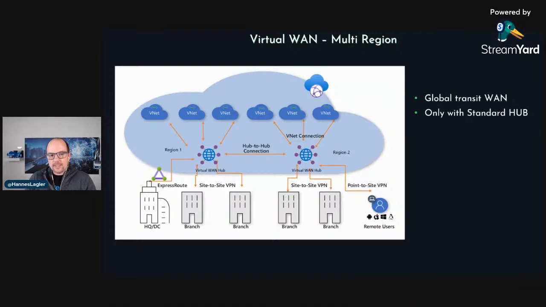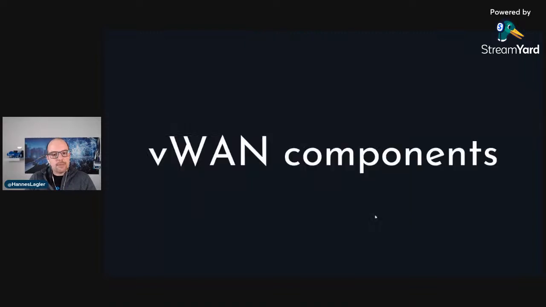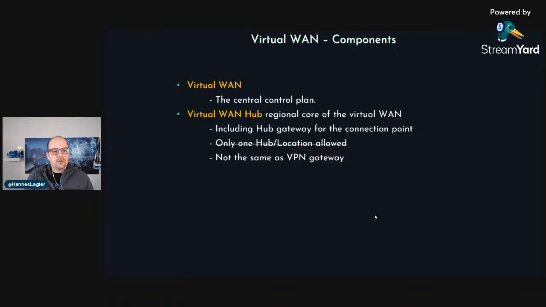Okay, so let's go to the details about the vWAN components. What components do we have when we want to build a vWAN architecture? First of all, we have to provision the service itself, the vWAN service. This is the centralized control pane for all the vWAN hubs that you implement.